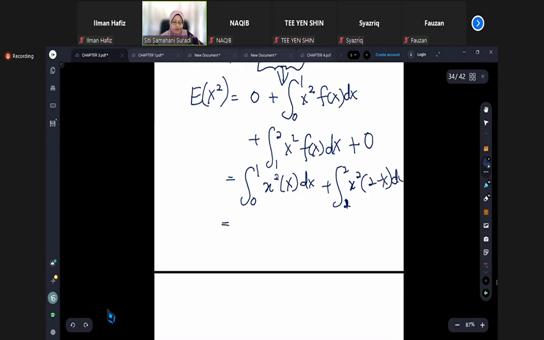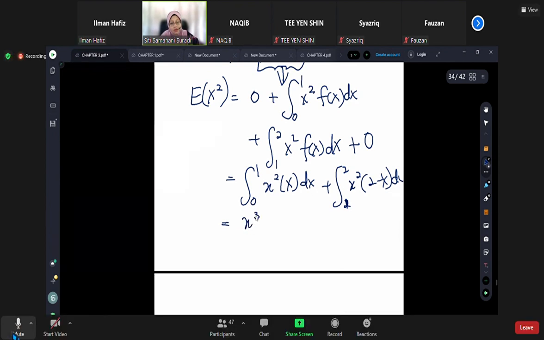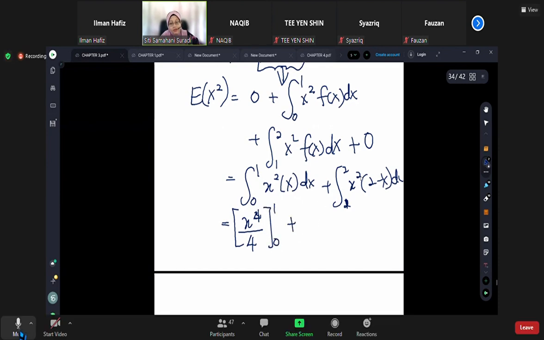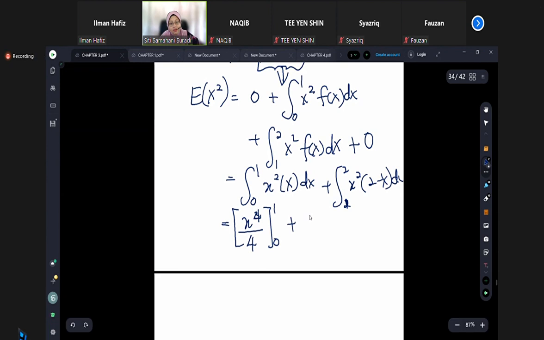Okay, so solve this problem. x to the power of 3, that means integrate becomes x to the power of 4 divided by 4. Integration 0 to 1, plus this one, consider 2x, 2 minus x, so 2x to the power of 2 minus x to the power of 3 dx.